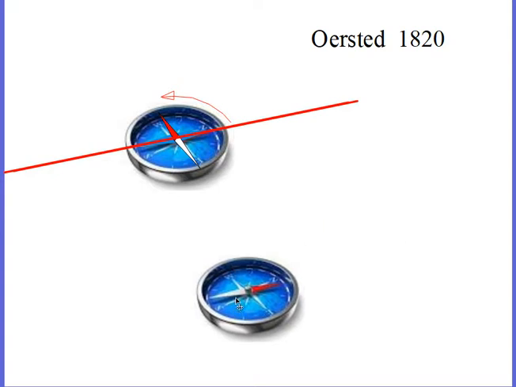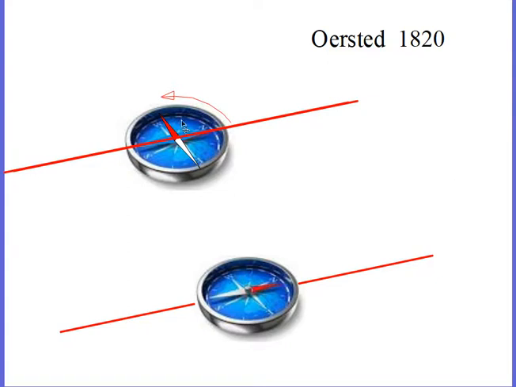Suppose instead we had the wire going underneath the compass. What would you predict in that instance? Would it do nothing?